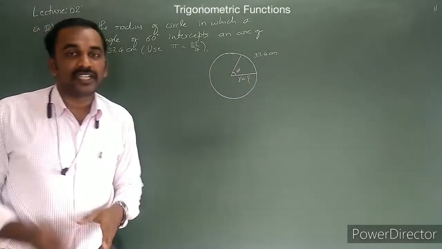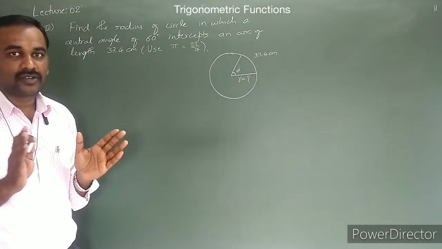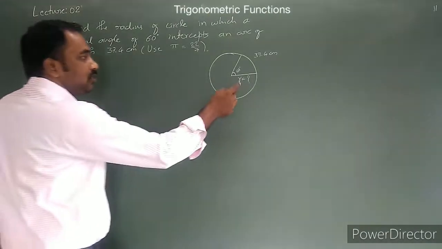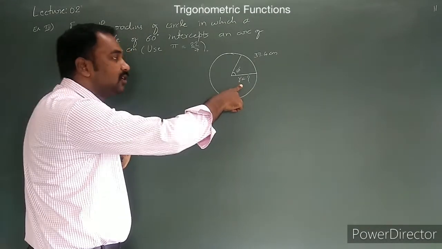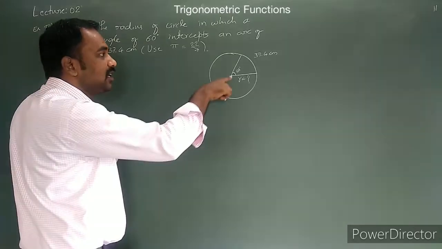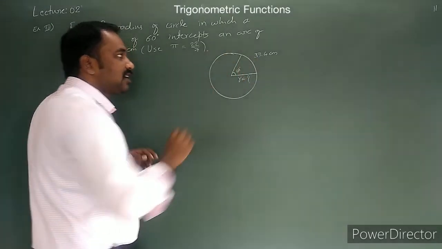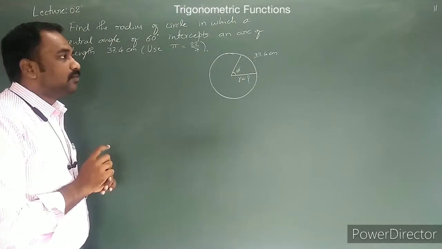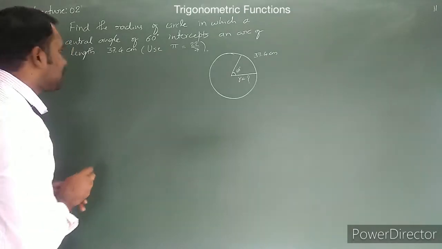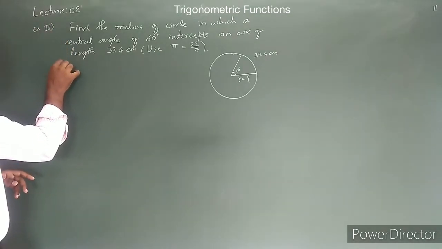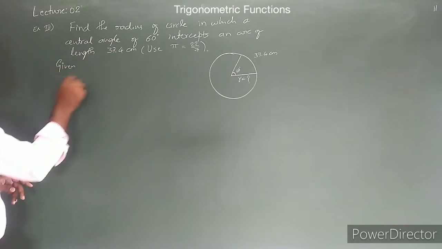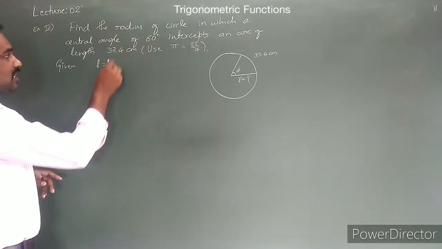In that case, what is the radius of the circle? I think the question is very clear. We need to find the radius of the circle. To find the radius of the circle, central angle is 60 degree, arc length is 37.4 centimeter. That means, first of all, write the given data. What is the given thing? They have given arc length. What is the arc length given?